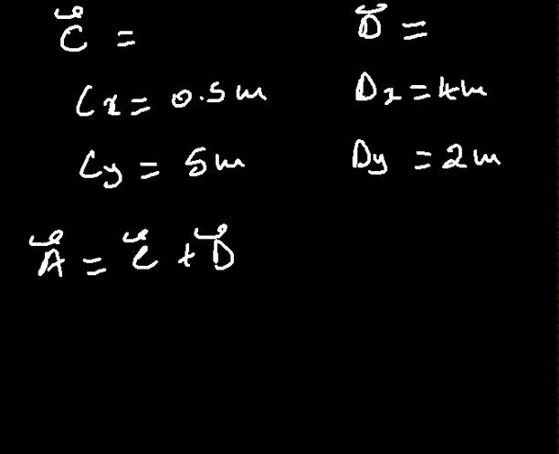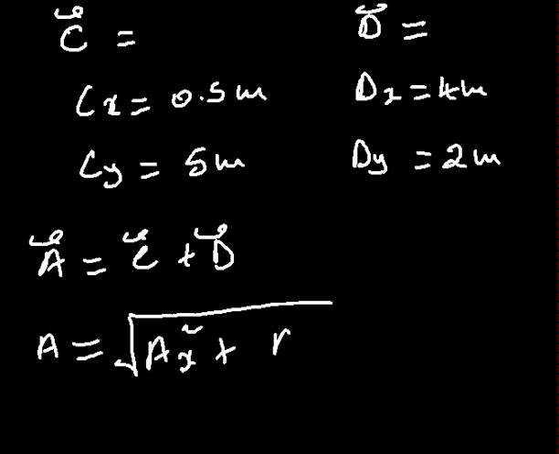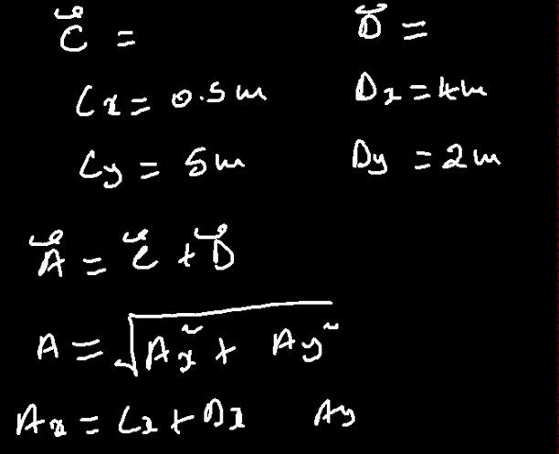Now how should you find it component-wise? We should understand that the resultant vector will be obtained as the square root of Ax squared plus Ay squared, where Ax is obtained from the summation of the x components of those vectors, and Ay is also obtained in the same way.